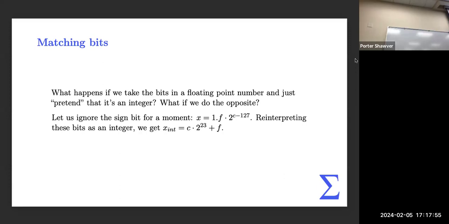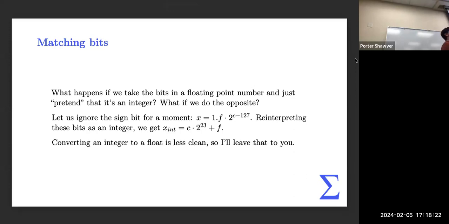If we took that and reinterpreted it as an integer, because the mantissa is at the bottom, that would be added on, and then the exponent is 23 bits up. So we get c times 2 to the 23 plus f. We've taken a float and when you treat that literally as an integer, you get this value.